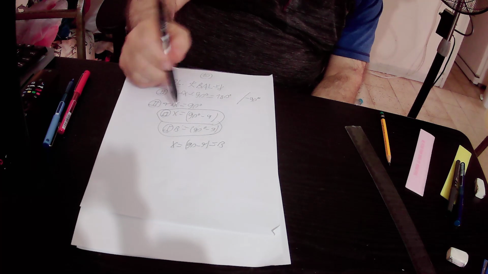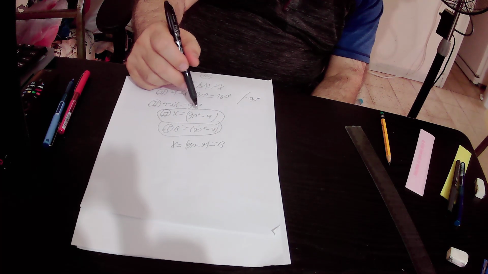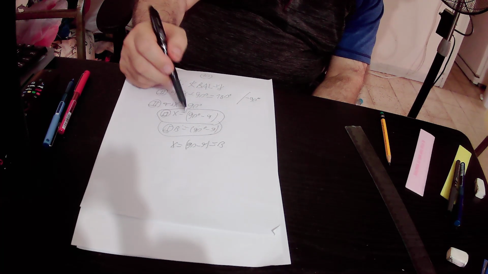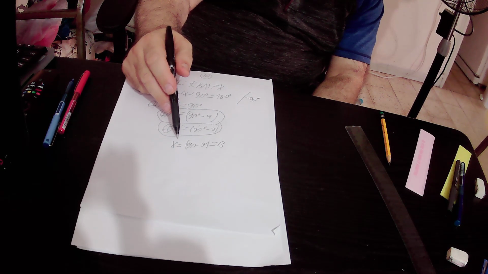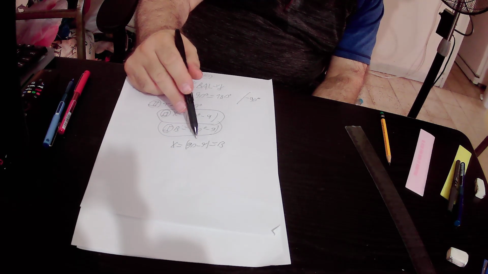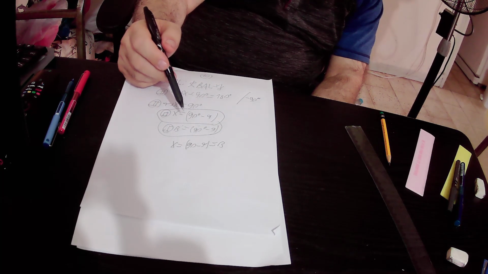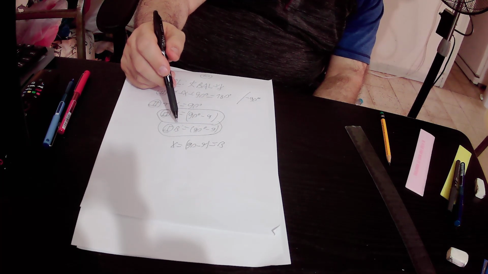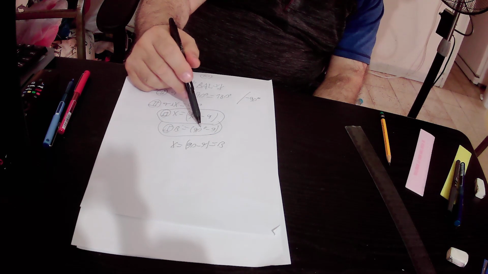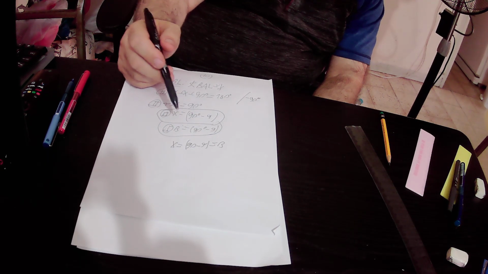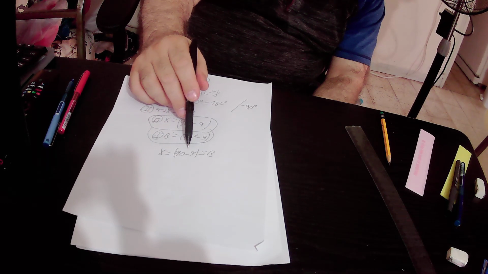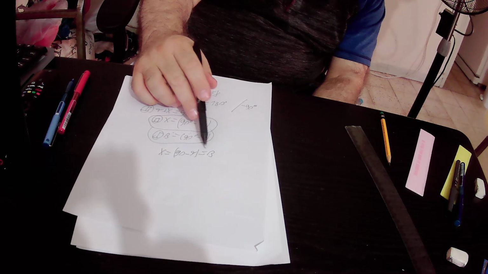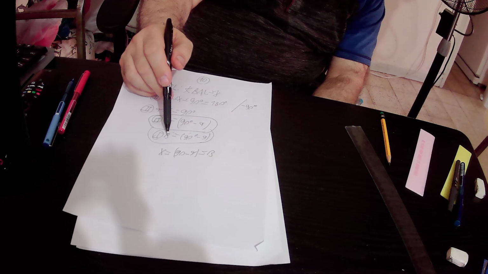Okay, we know from the second equation that x equals to 90 degrees minus alpha. I copied the second equation here, x equals to 90 degrees minus alpha, and from the first equation we know that 90 degrees minus alpha equals to beta. So I add here that 90 degrees minus alpha equals to beta, because this is exactly equation number 1.